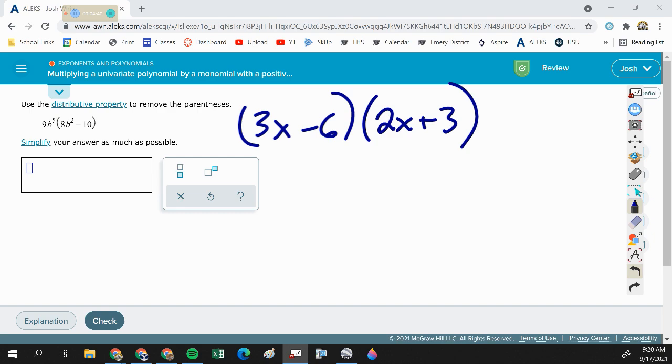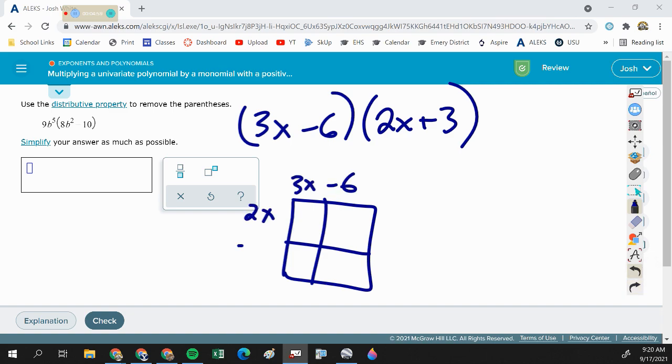Do you guys remember? No? We put them in the box. 3x, oh, sorry, wrong place. 3x minus 6 and 2x plus 3.